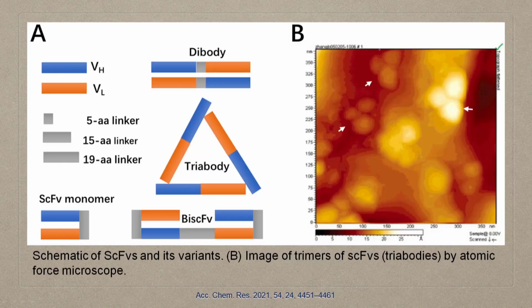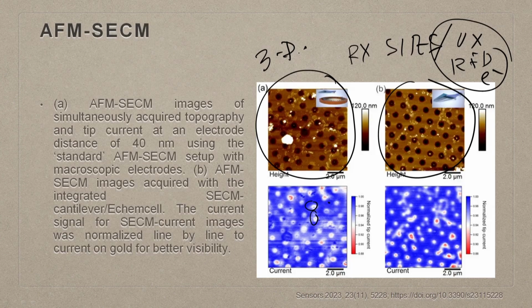Now, whenever you get a picture like this, if you remember, this is where we all started. I was telling you that there are multiple ways AFM could be useful. This is the schematic image of different kinds of antibodies which could be used for detection of pathogens. But behind this one picture, there is this whole story.